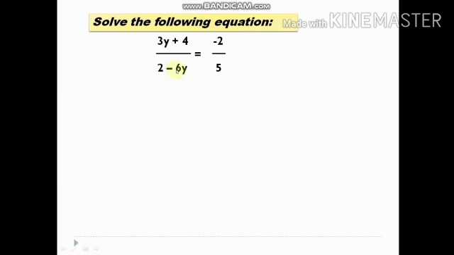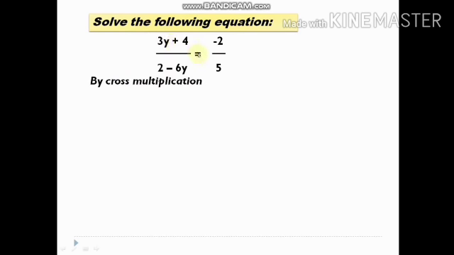Let's solve this question also: 3y plus 4 upon 2 minus 6y equal minus 2 upon 5. As you can see here, student, left hand side and right hand side, both the sides are in the form of rational form. So first we will multiply this into cross. It means we will do cross multiplication.